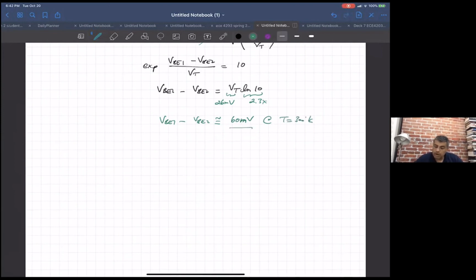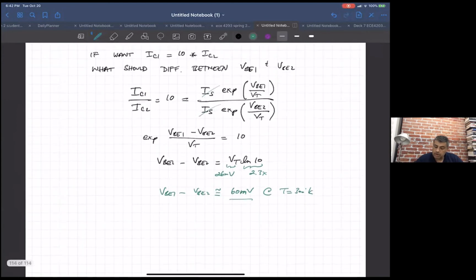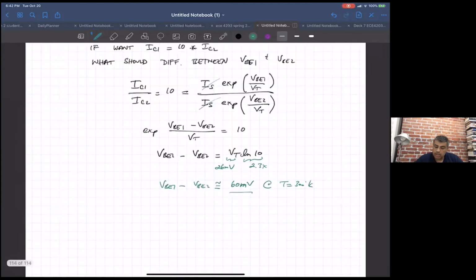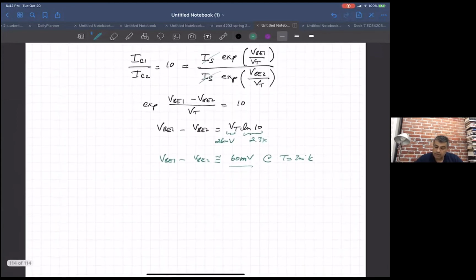So if we want to increase our collector current by a factor of 10, we only need to increase our VBE voltage by 60 millivolts. This is a good number to remember for the lab: if you want to increase your current by a factor of 10, each 60 millivolts in VBE will do that.